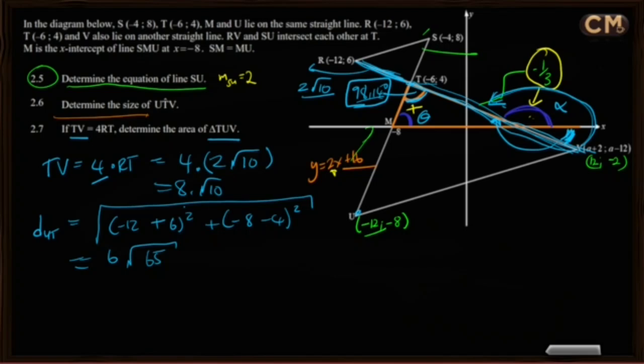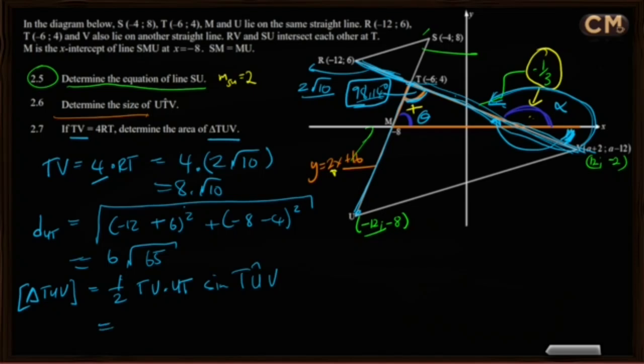So now let's get to the area of triangle TUV, and that's just going to equal 1/2 of TV multiplied by UT times sine of angle TUV. That's the formulation as it is. Remember, it's just 1/2 of the one side times the other side multiplied by the sine of the included angle.